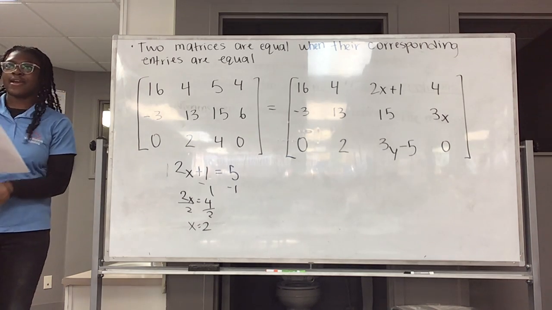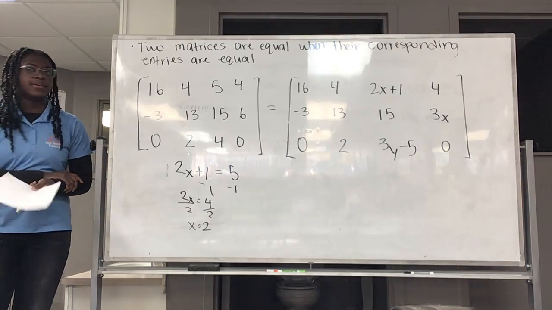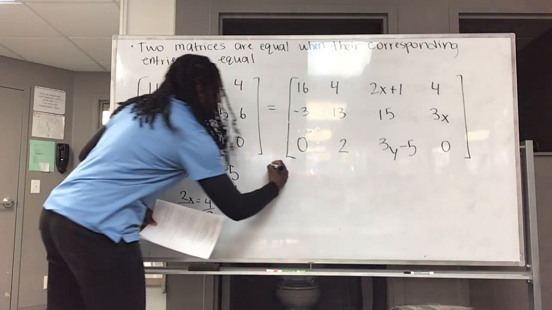So do you guys want to solve for y real quick on your own? Okay, does someone want to call out what they got for y? 3. Yep, y should be equal to 3.